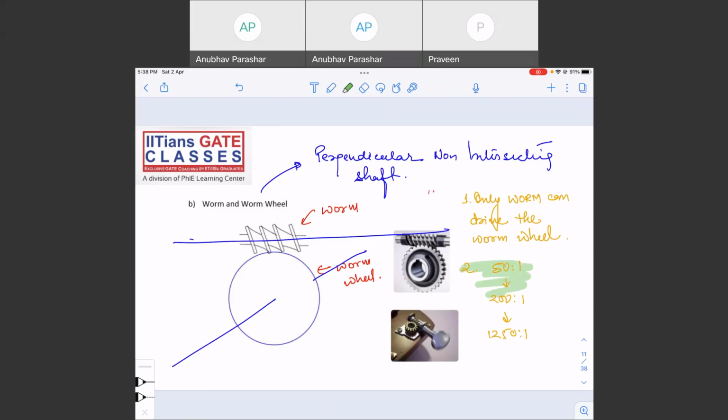This kind of speed ratio is generally not possible. There are only two types of gear systems where it is possible. One is this combination of one worm and one worm wheel. The next is the epicyclic gear train, which is not a combination of two gears, but more than two. In an epicyclic gear train you can achieve such a speed ratio. Otherwise, you will not have it.